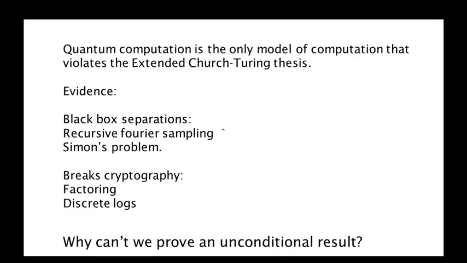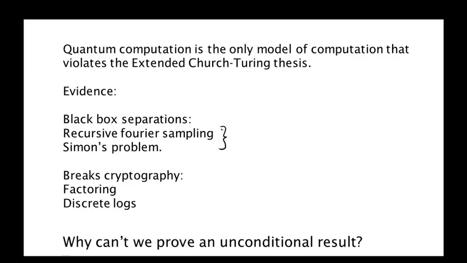So we already saw these examples of algorithms, such as the recursive Fourier sampling problem or Simon's problem, where you can solve these problems in polynomial time on a quantum Turing machine or with a quantum circuit, but there is no corresponding polynomial time solution to these problems classically, using a classical algorithm.